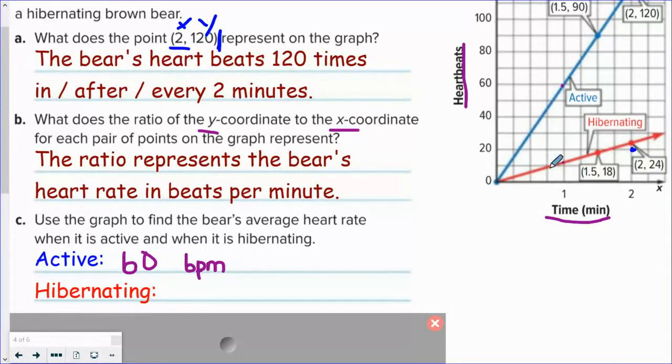And then hibernating, it's really hard to see what it is at 1, but we know what it is at 2. And so what's half of 24? 12. Okay, so we would say 12 beats per minute is their average. Alrighty.